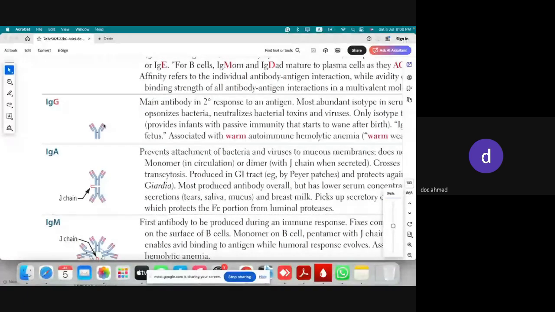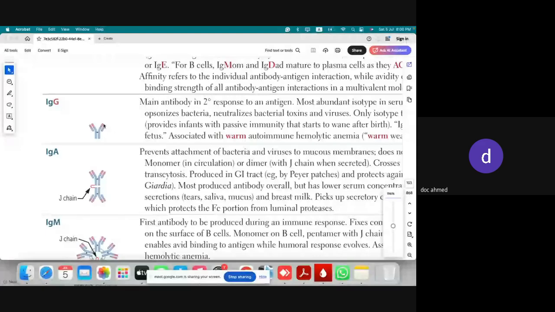Because the IgG coming from the mother into the baby gives the child immunity. But once these IgG levels wane, the baby is going to have a lot of problems. So IgG can cross the placenta and provide immunity for the first 6 months.